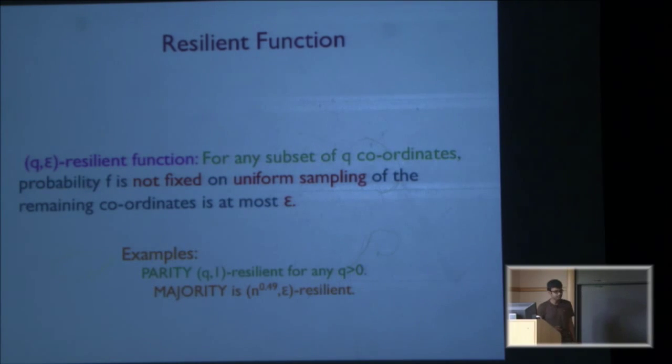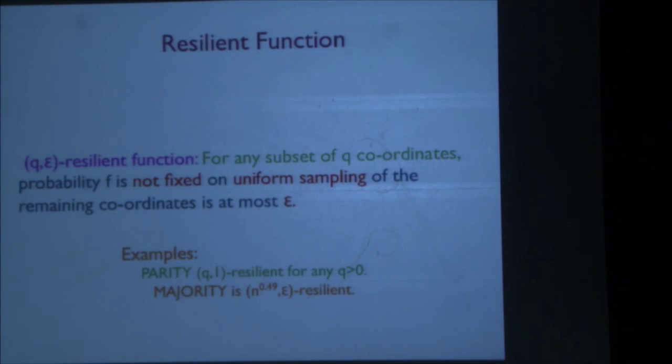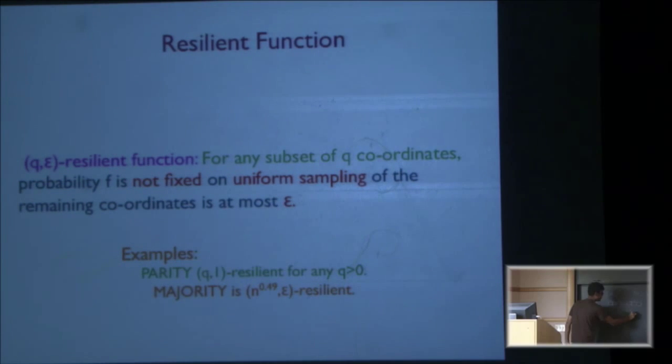So we repeat it, or you want to demonstrate it on majority? Okay, so what we want essentially is, I'll just use the blackboard here. We want a function f from {0,1}^n, so we have this set of coordinates, and let Q be a subset of [n], and the size of Q is q.